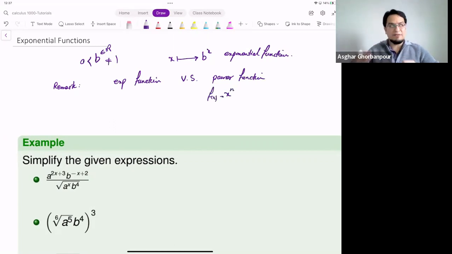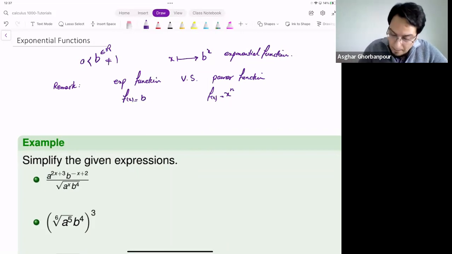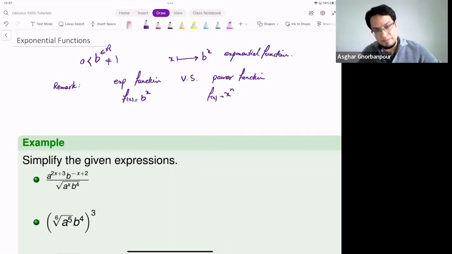So we have something to the power of another thing, but the base is the variable. In the exponential function, the base is constant. It's a fixed number. The exponent is the variable, the input.